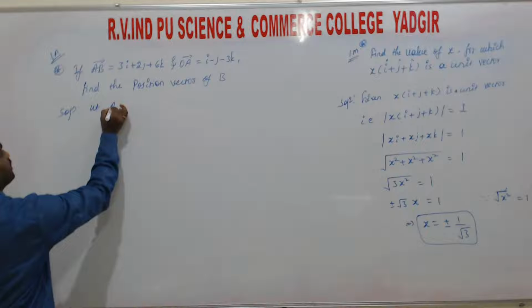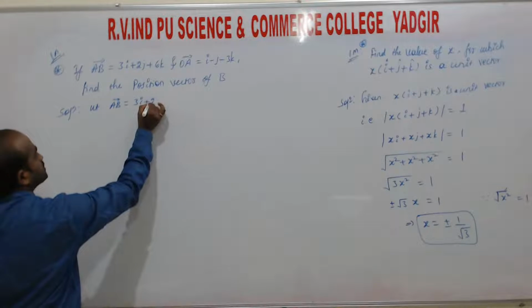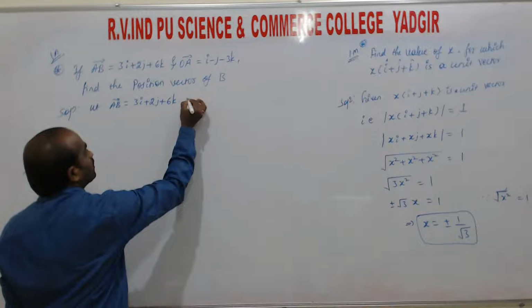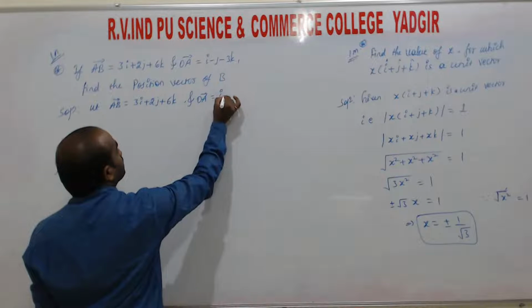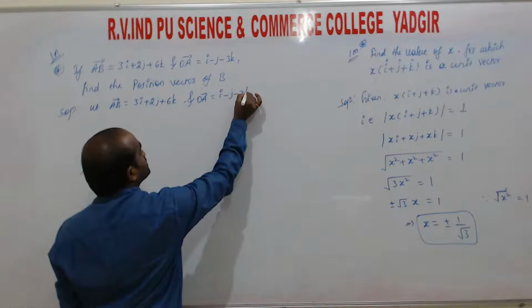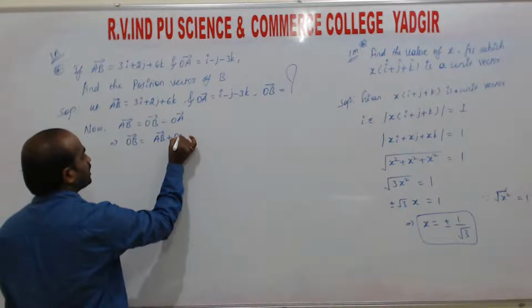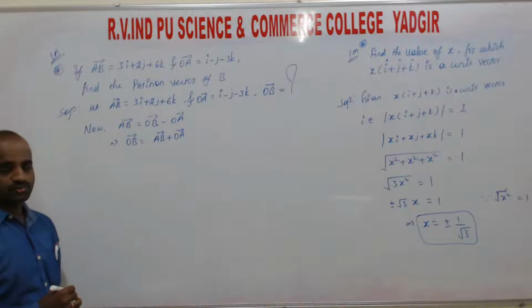Given AB vector is equal to 3i plus 2j plus 6k and OA vector is equal to i minus j minus 3k. We want OB vector, which is AB vector plus OA vector.